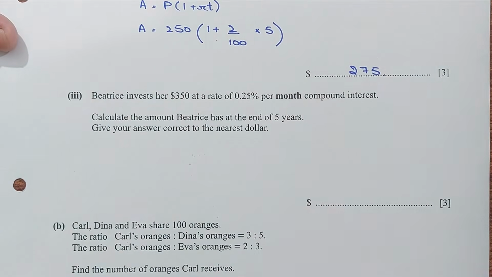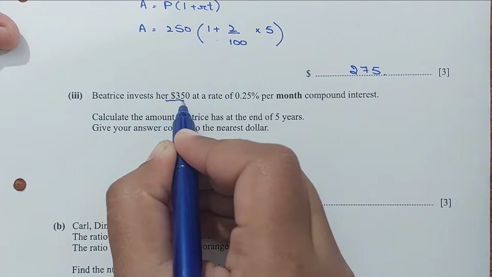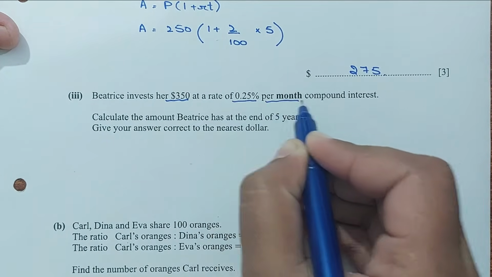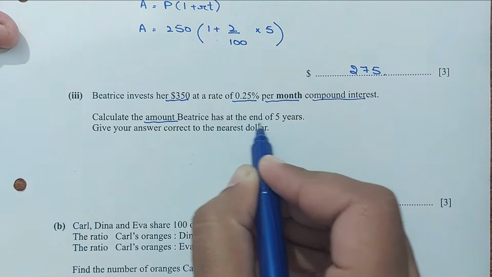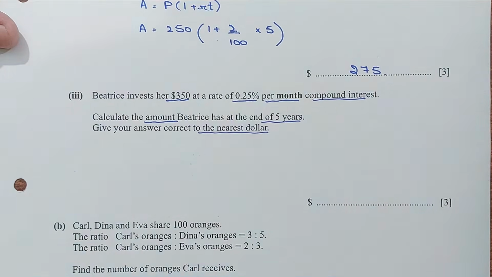Now for the third part, Beatrice invests her $350 at a rate of 0.2% per month compound interest. Calculate the amount Beatrice has at the end of 5 years. Give your answer correct to the nearest dollar.